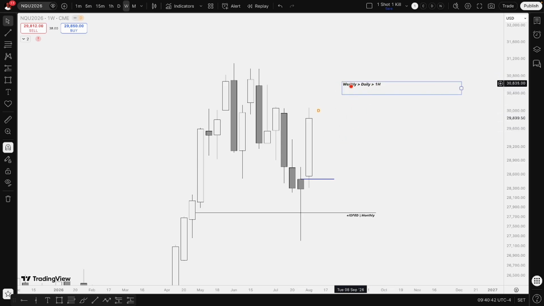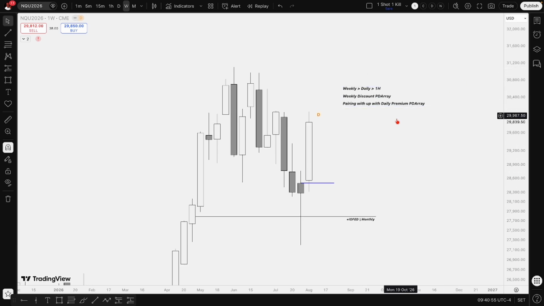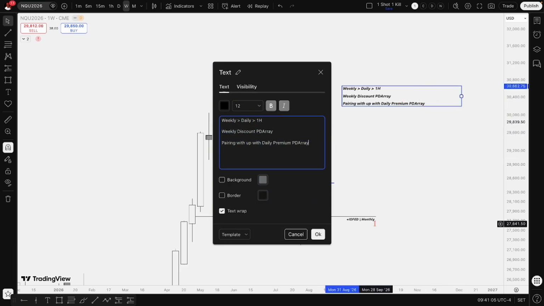So you're going to be choosing weekly discount PD array and pairing it up with daily premium array. Right? So this is the exact phenomenon we're looking for. And if you want to increase your probabilities, which is not going to be a must, you're going to be looking at seasonal tendencies.